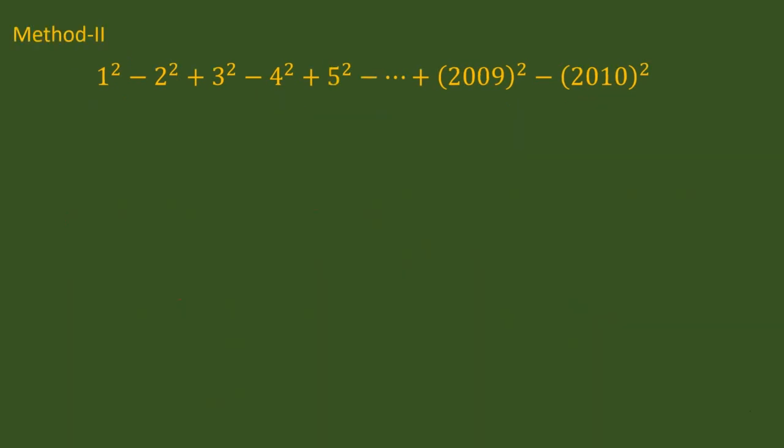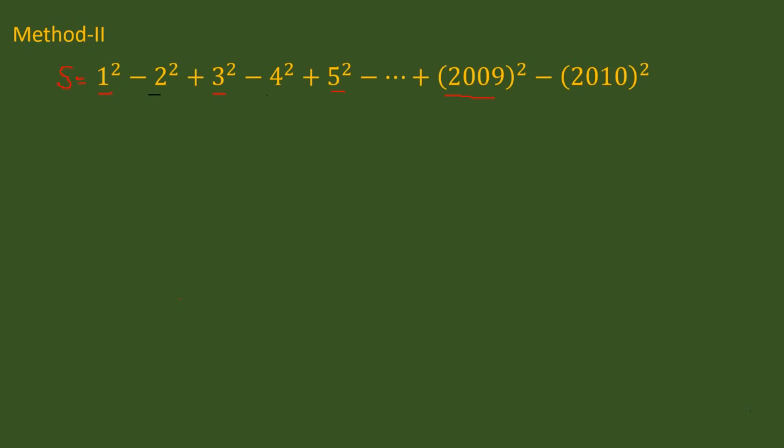So let's discuss method 2 here. Again, first we denote this quantity by S. Now what we do is separate the terms with positive signs and the terms with negative signs.